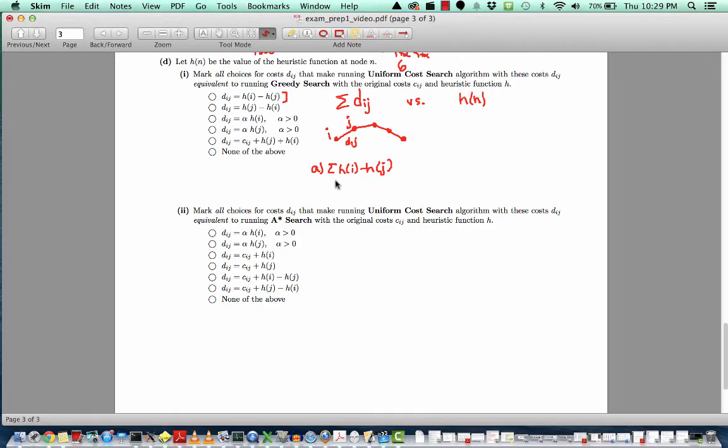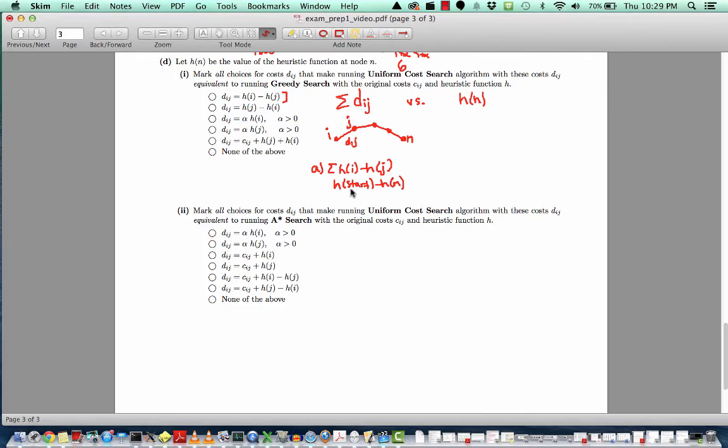So what this is going to give you is h of the start minus h of n, which is going to be our last node. So this is node n right here.